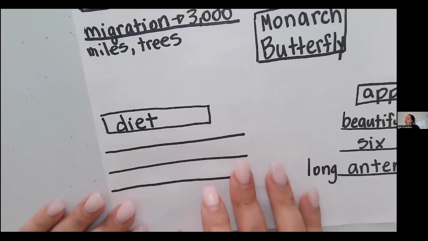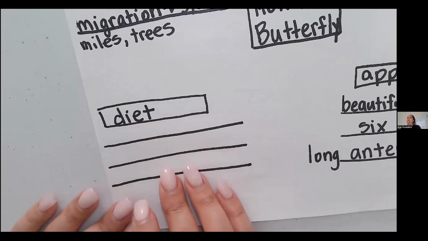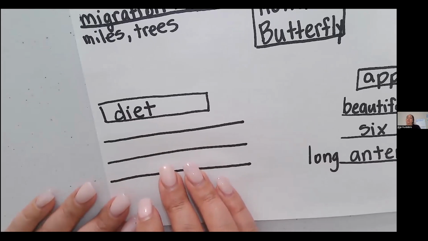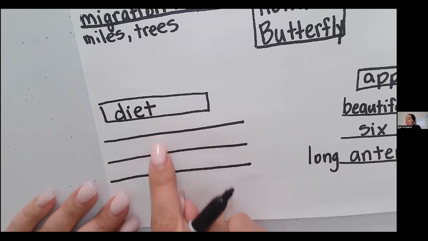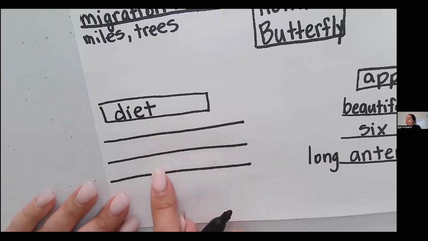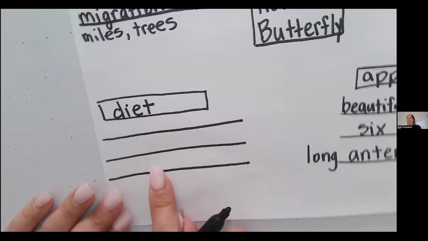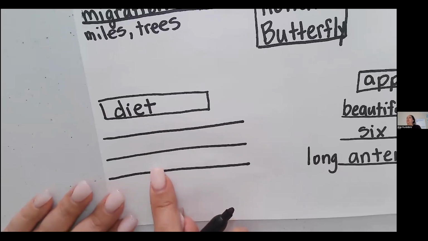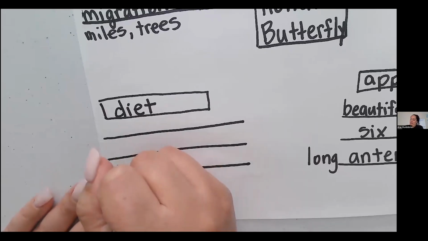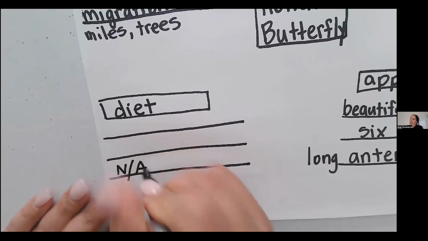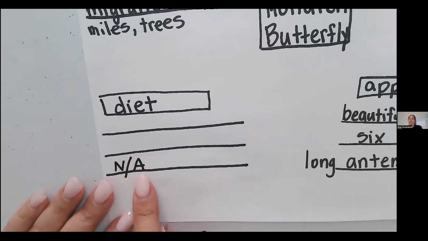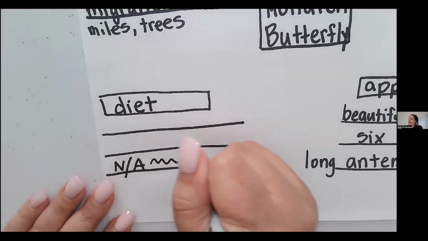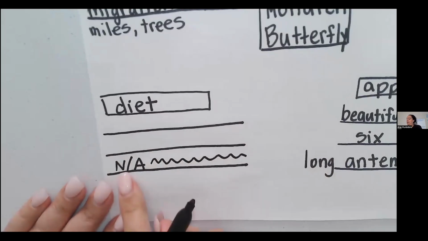So this is really interesting because monarch butterflies predominantly eat 2 things. But we see 3 different lines here. So for one of the lines, we're going to do what adults do a lot. They put these 2 letters. I don't know if you've ever seen these letters before. NA means non-applicable. So this does not apply. We could cross it out, or write non-applicable.